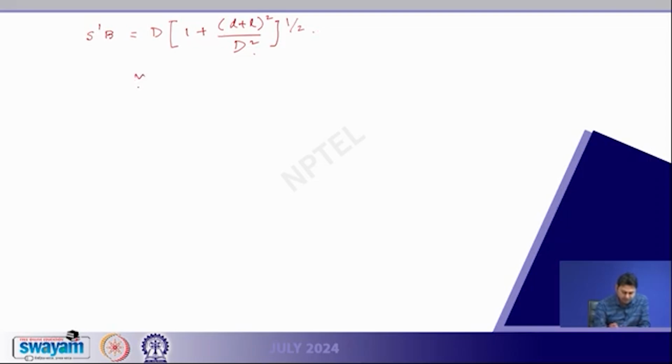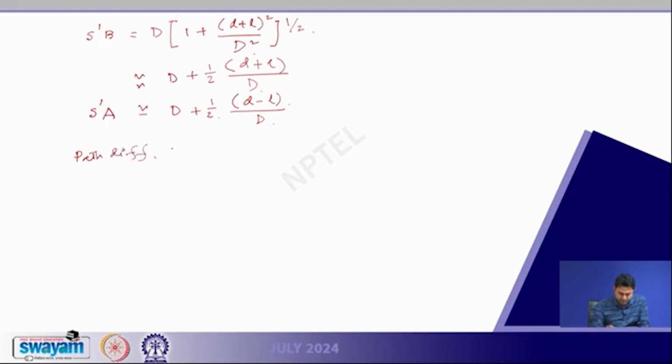This is essentially D plus half D plus L whole divided by D. Similarly, I can write S prime A as nearly equal to D plus half D minus L whole divided by D. So the path difference delta, which is equal to S prime B minus S prime A, is essentially this minus this.